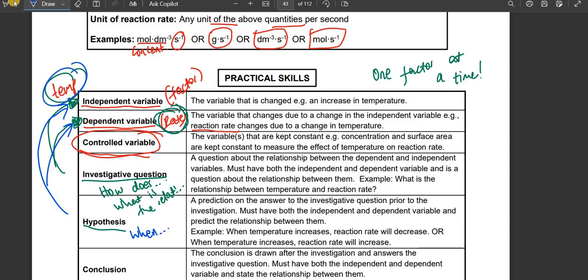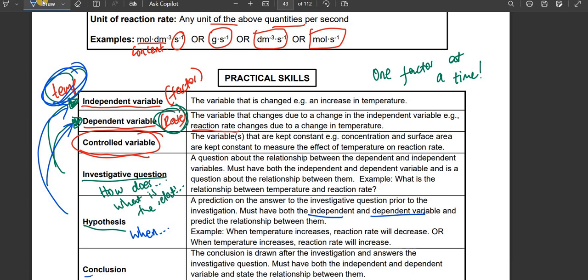When temperature increases, the rate of a reaction is going to increase, and vice versa. Or when concentration increases, the rate of a reaction is also going to increase. So your hypothesis must have an independent and a dependent variable. I hope that is clear, guys.